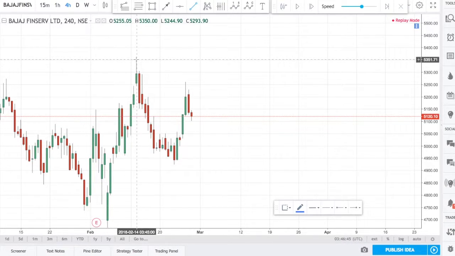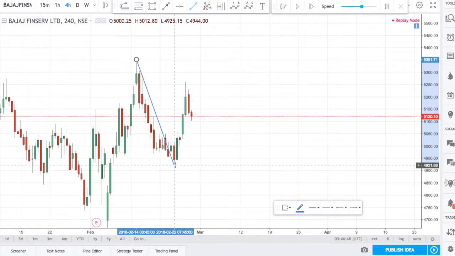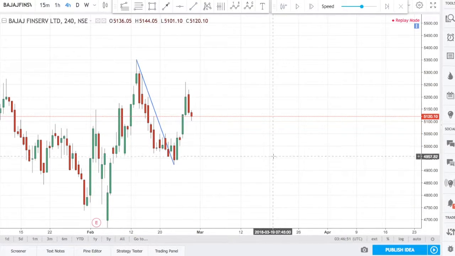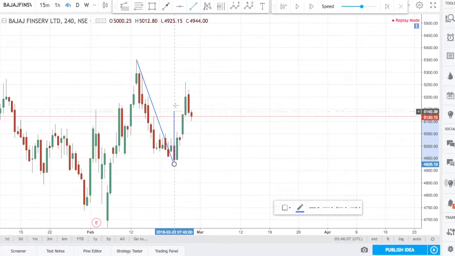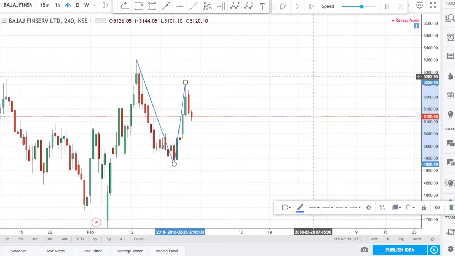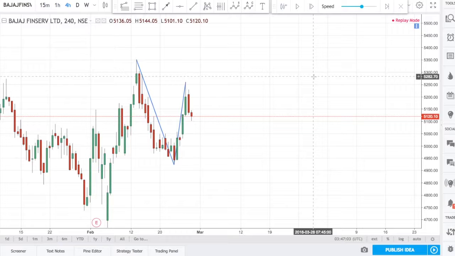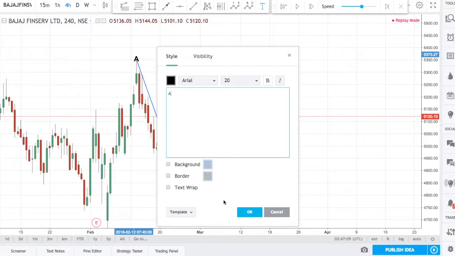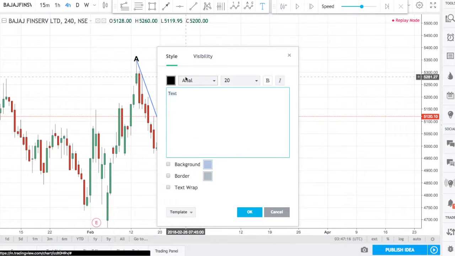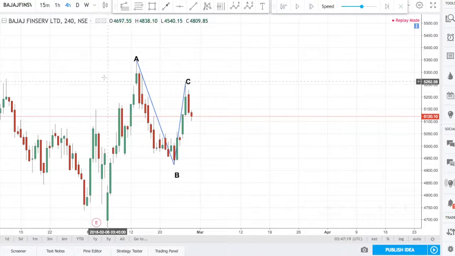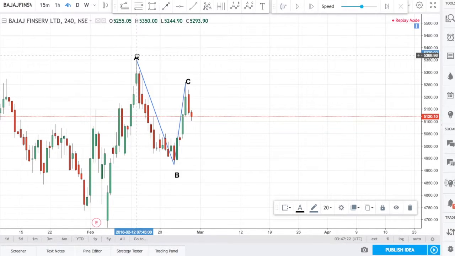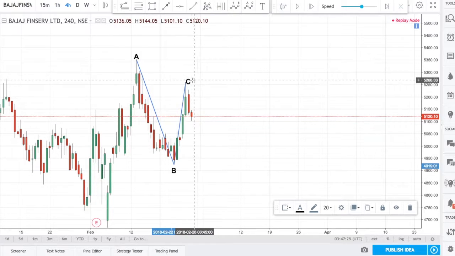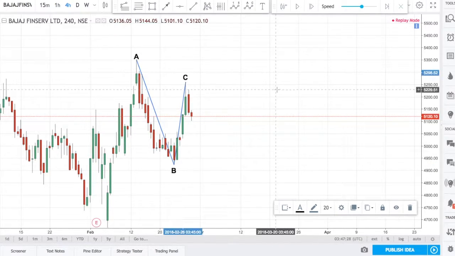This is our AB leg, and this is our BC leg. Let's mark A, B, C.